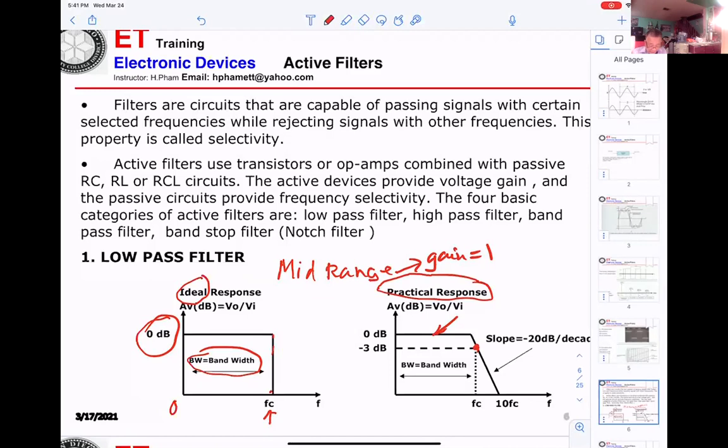If the input is 10 volts, the output goes down 3 dB.